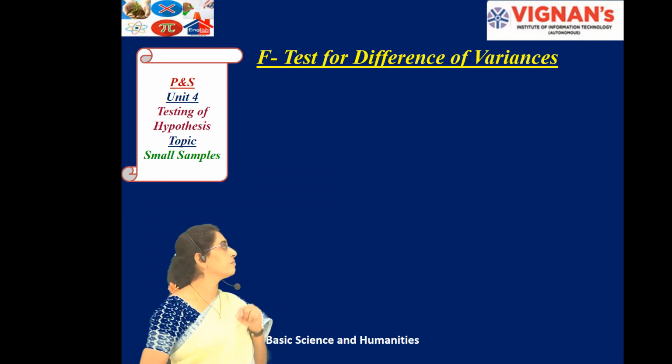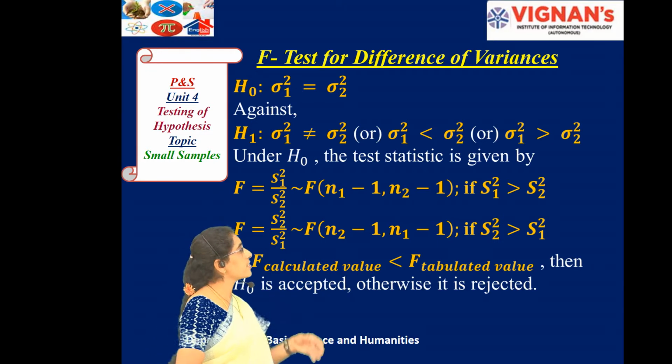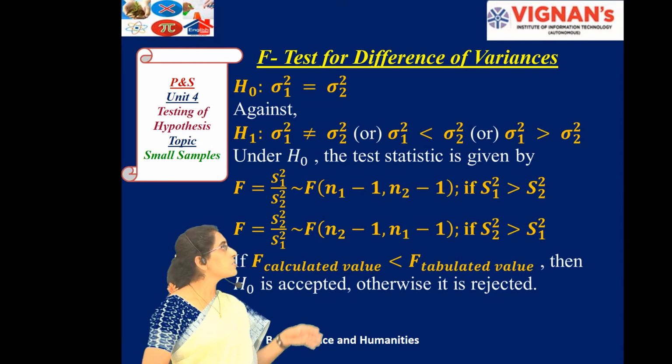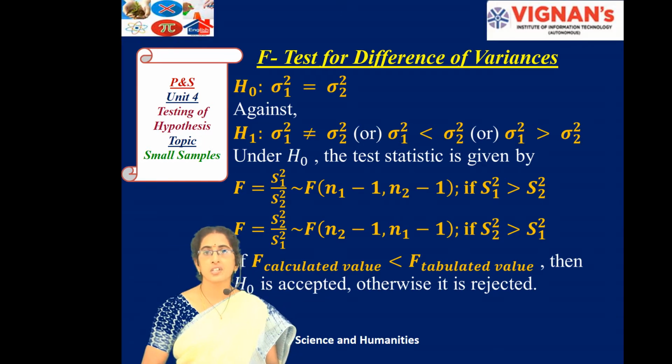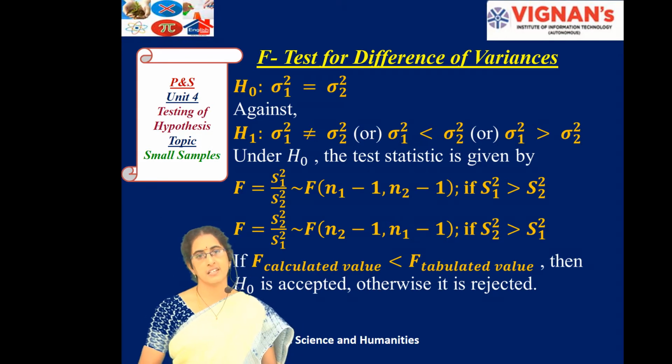Then next comes the difference of variances. For difference of variances we use the F test, which is called Snedecor's F test. This test for differences of variance was introduced by Snedecor.